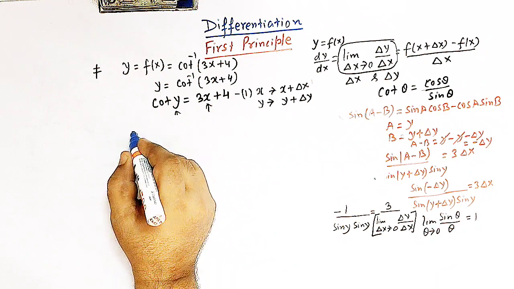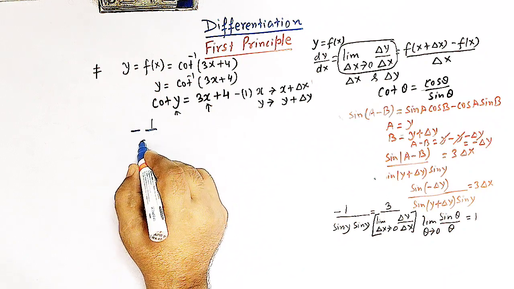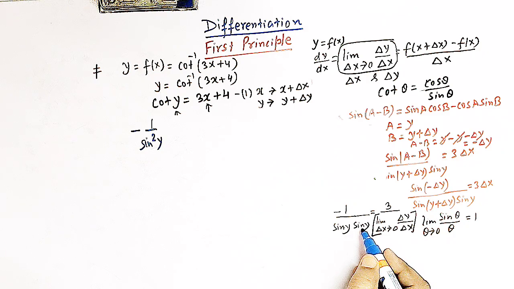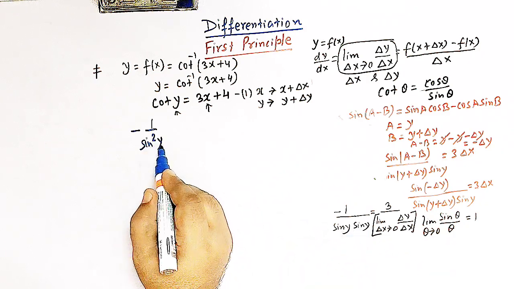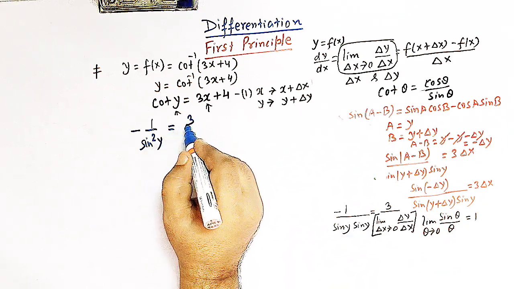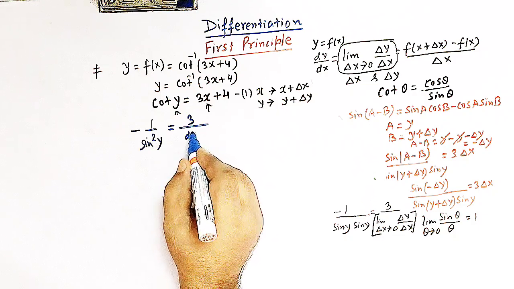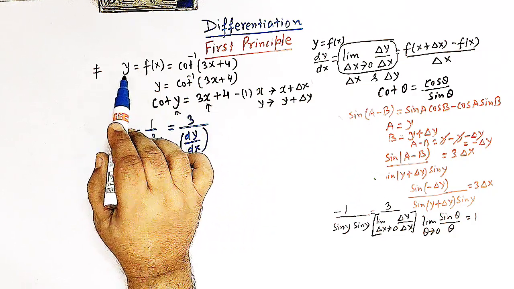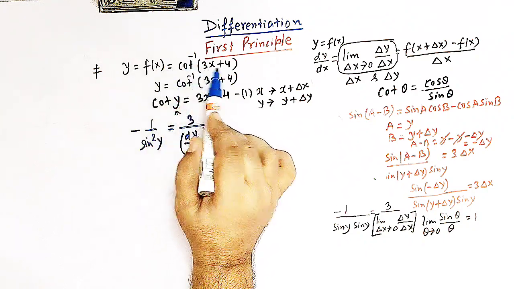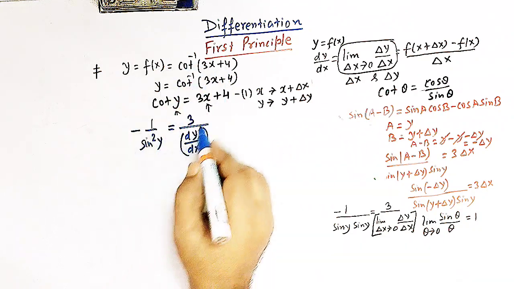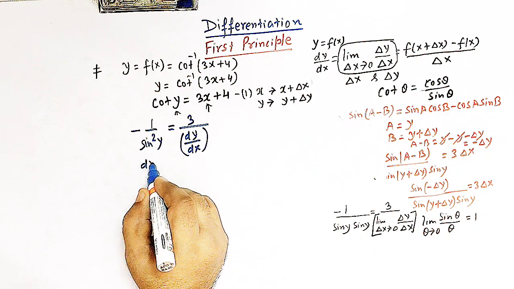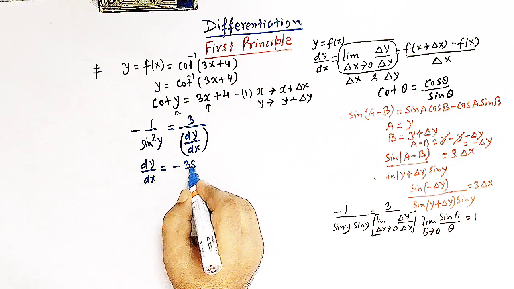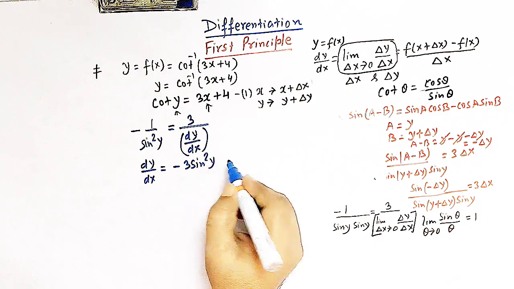So now we have a minus 1 over sine square y, because sine y multiplied with sine y is sine square y, and here we have 3 over dy over dx, right? And y is given by cot inverse 3x plus 4. Now cross multiplying, we have dy over dx is equal to minus 3 times sine square y.